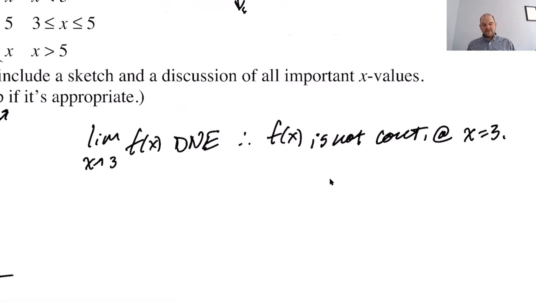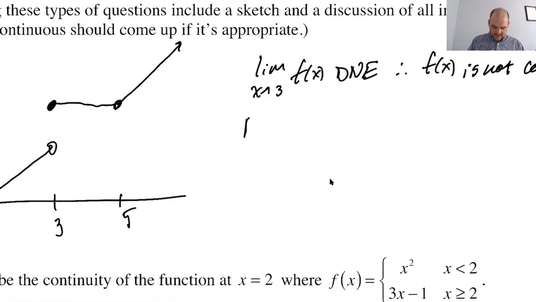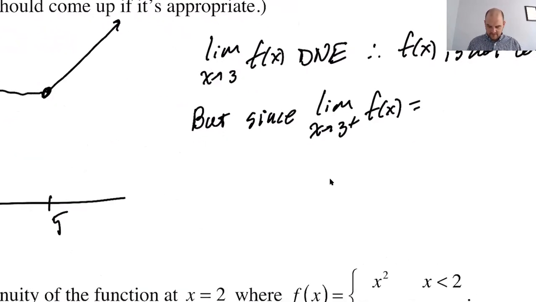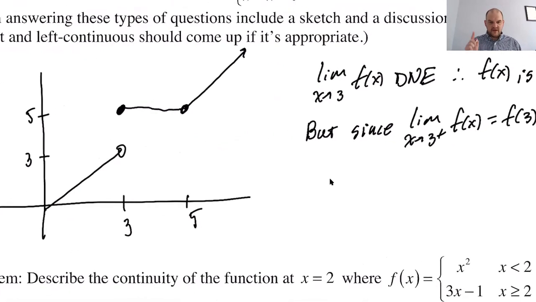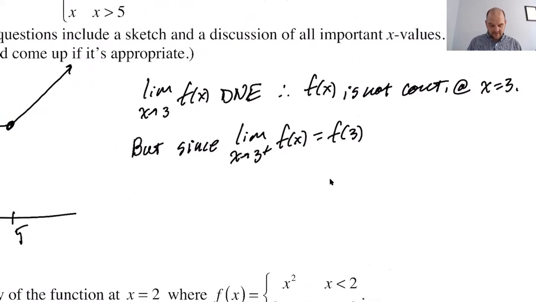But since there is more going on, since the limit as x approaches 3 from the right of f of x is equal to f of 3, right? Look at your graph and you'll see that that's true. As we approach from the right, I get the value I'm expecting. The limit as x approaches 3 from the right of f of x is equal to f of 3.